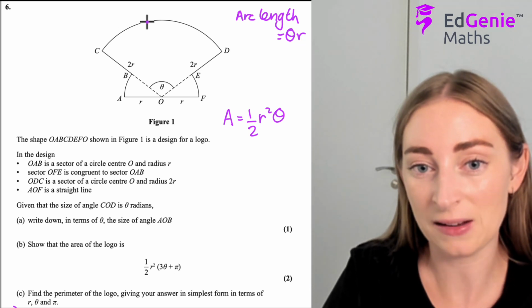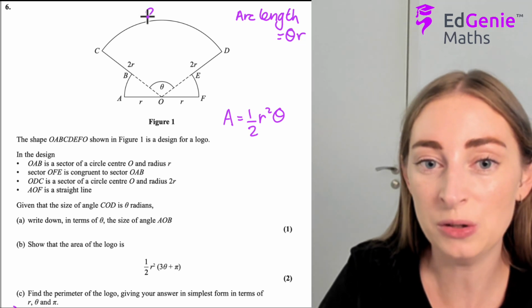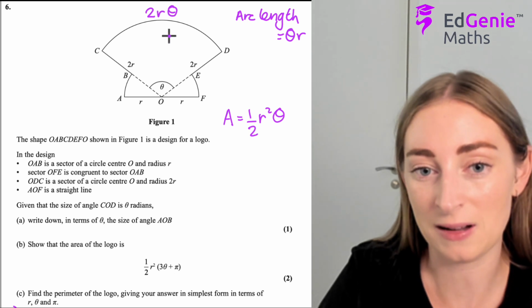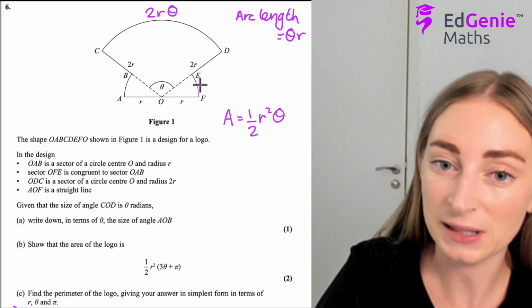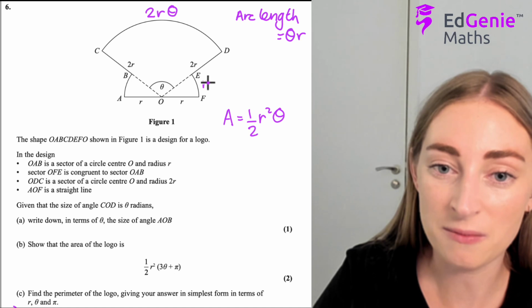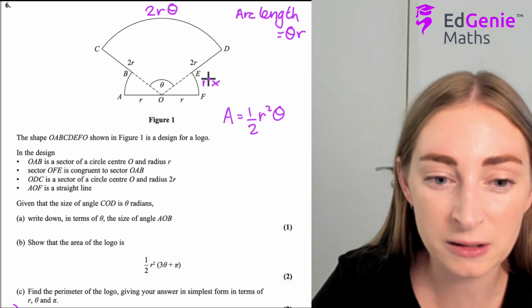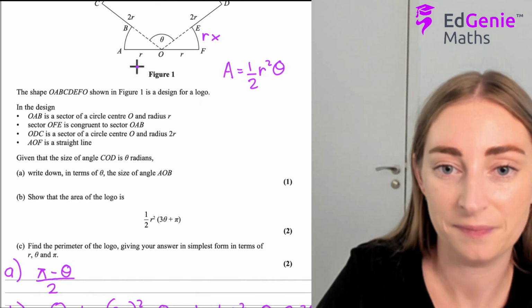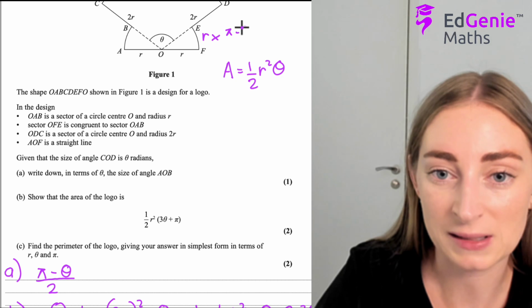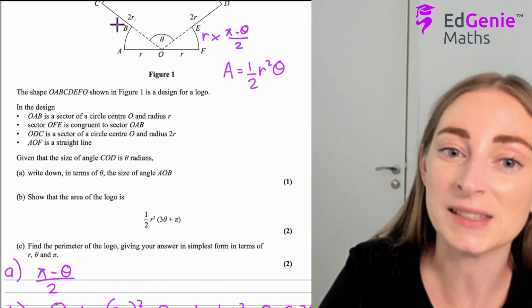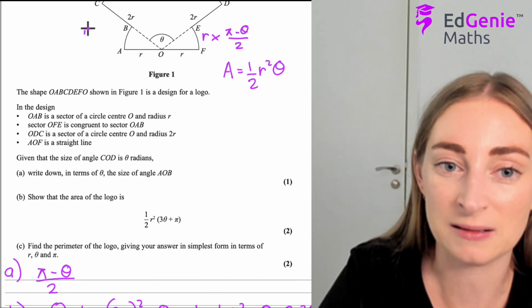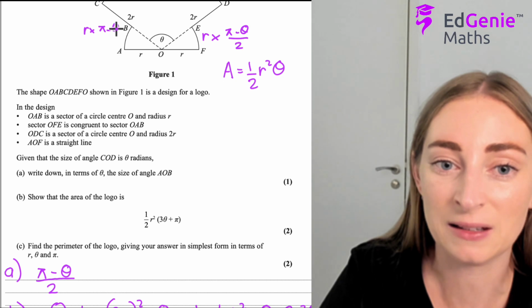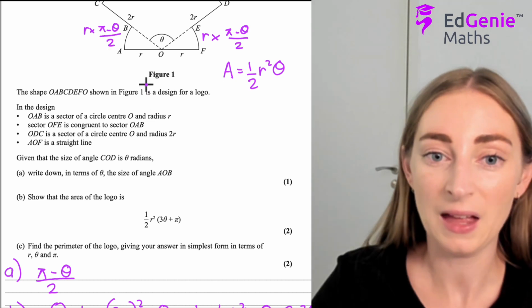So this side here is going to be 2r times our angle. And this one here is going to be r multiplied by our angle, which was pi minus theta over 2. And the same over here is going to be r times pi minus theta over 2.